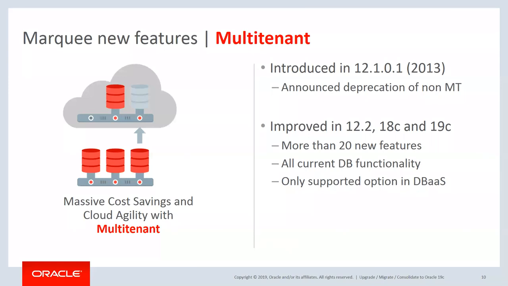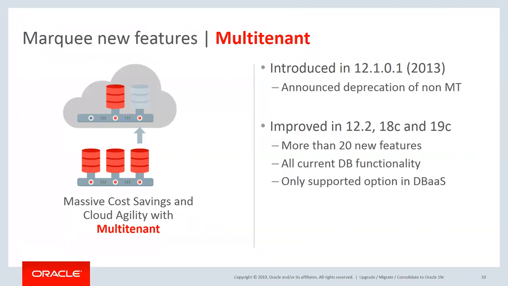What we also did was announce the deprecation of the non-multi-tenant environment, because we really think, I personally believe, that multi-tenant is the way to go for the future, as in setup, as in database. And you see that a lot of the things we have introduced in the cloud, especially the autonomous database that we have, are only possible if you set this up with a multi-tenant setup.